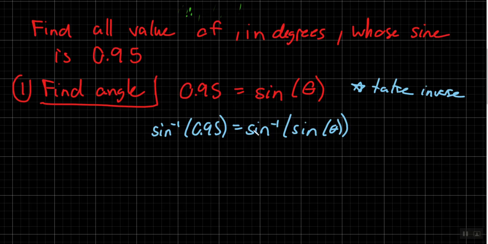Yep, the sine and inverse sine cancel out. So we have sine inverse of 0.95 equals theta. How do I find that value? Calculator. So everyone grab calculator.